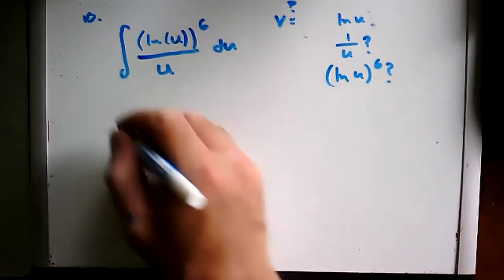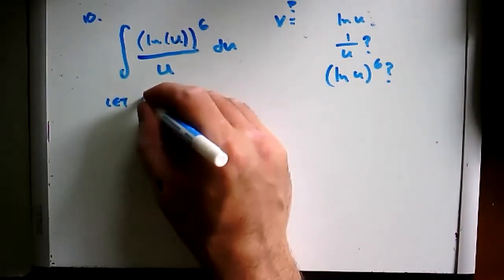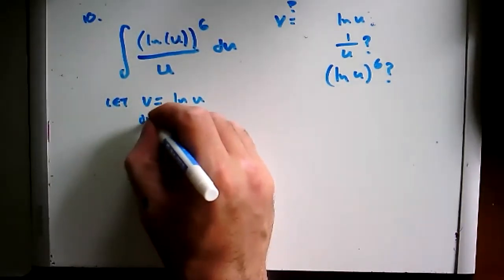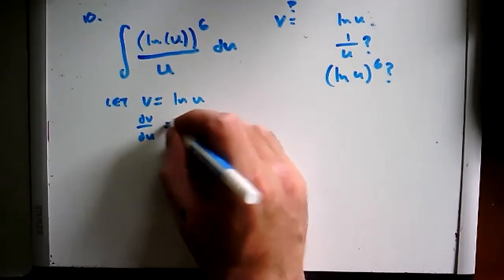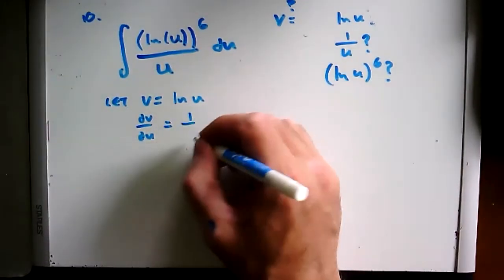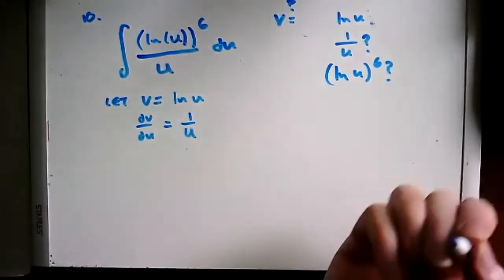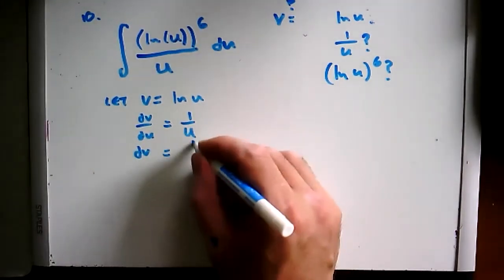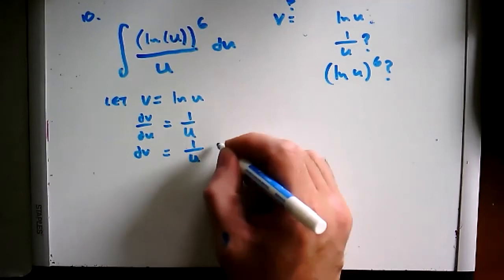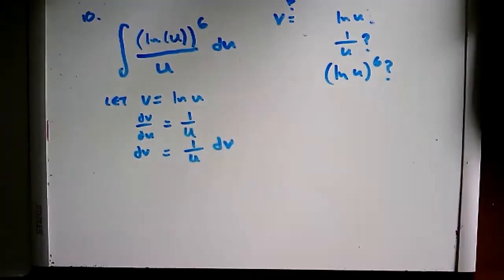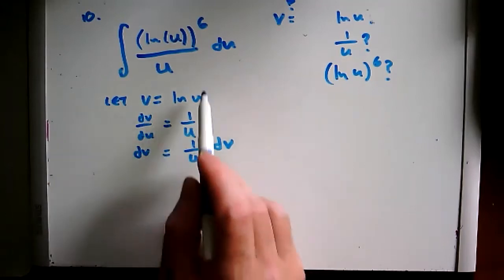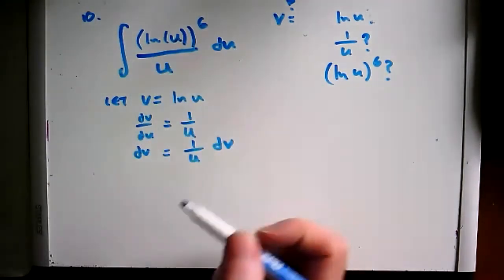Okay, so let v equal natural log u, then dv/du is going to be 1 over u, right? And dv equals 1 over u times du. Now what we're trying to do is substitute so we get rid of all the u's and all the du's in the original problem.